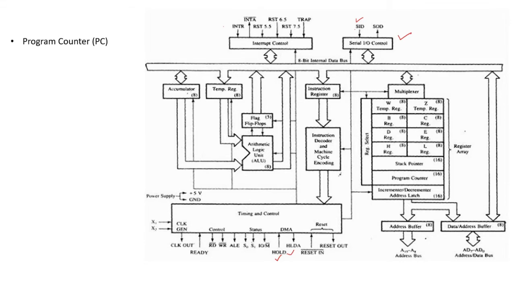When the RESET IN bar signal goes high, only then does the CPU place the content of the program counter on the address bus, thereby providing the address of the first instruction in the program. Thus, program execution in 8085 begins with the instruction in memory location 0000H.